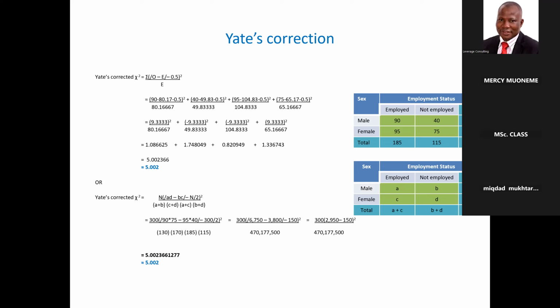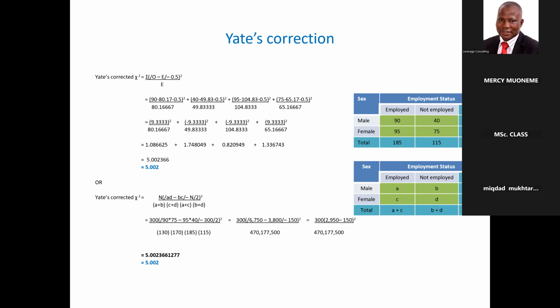And the corrected one is less. In that situation, the original one is significant and the corrected one is not significant. People will choose the original one and say, look, it is significant.